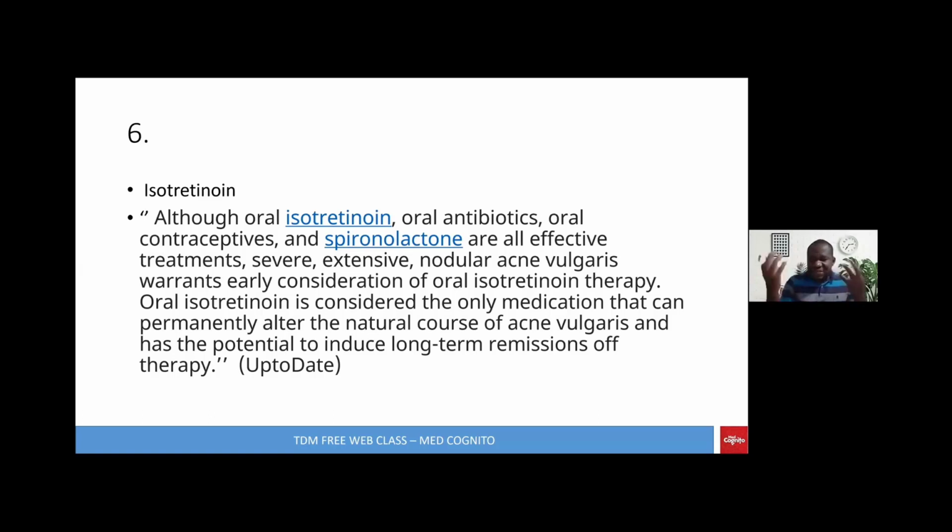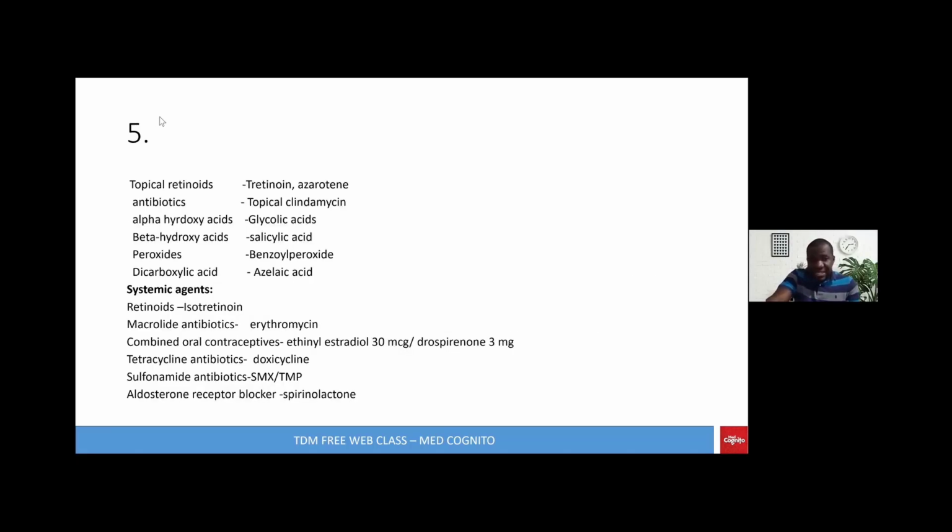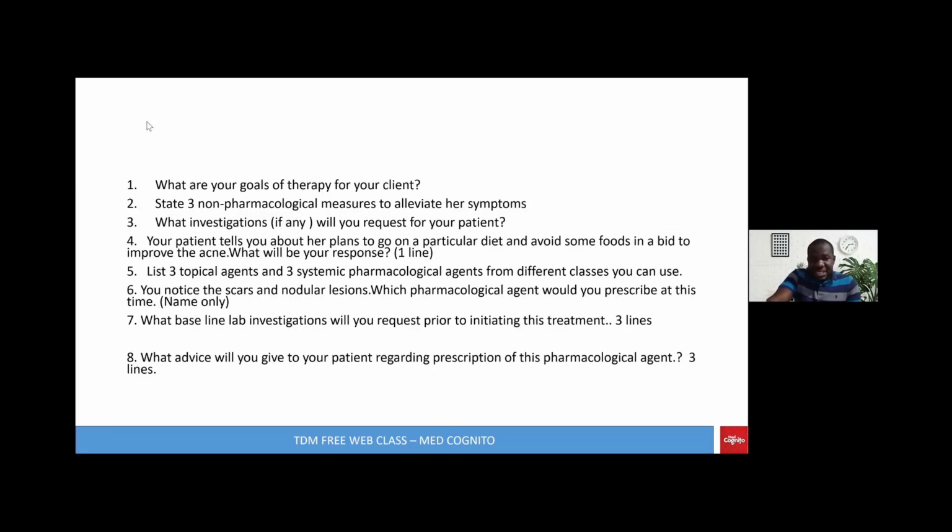Just to give you an idea, they're going to test you on what is routinely coming to the clinic office, okay? So when you have a question like this, and the question hints about scars, the question is hinting about nodular lesions, they are drawing your attention to the fact that this is severe acne.